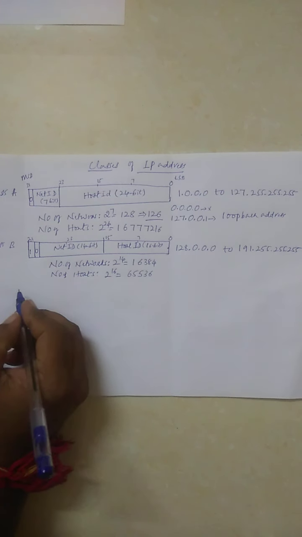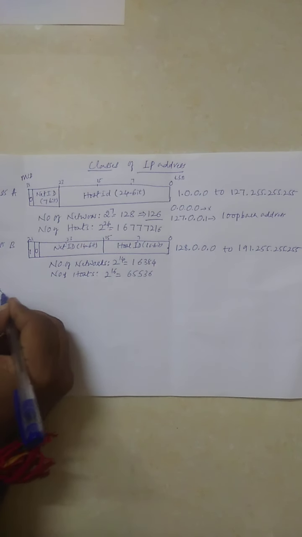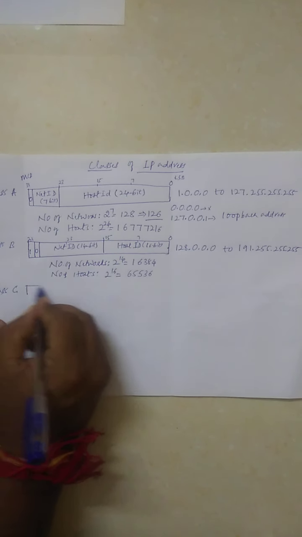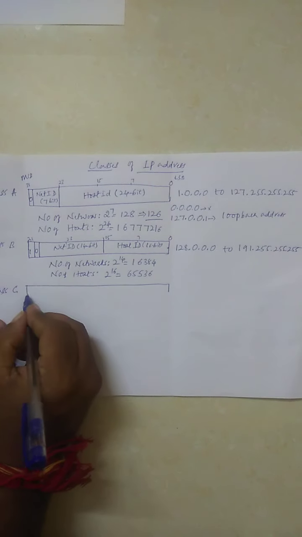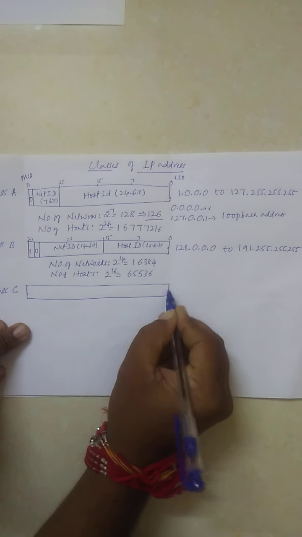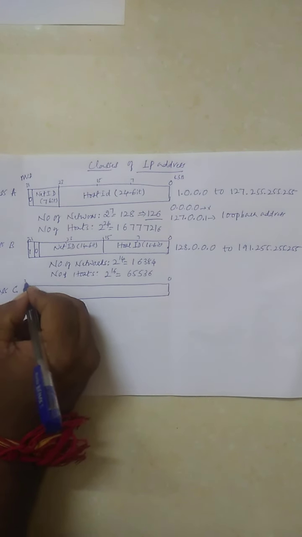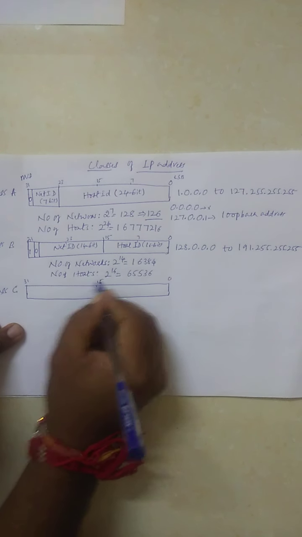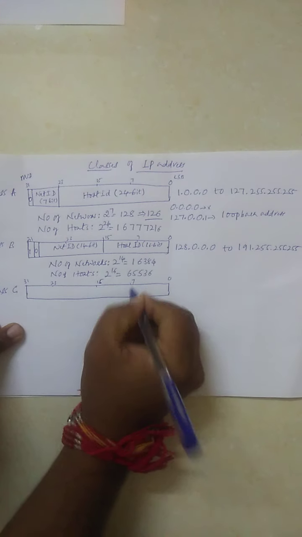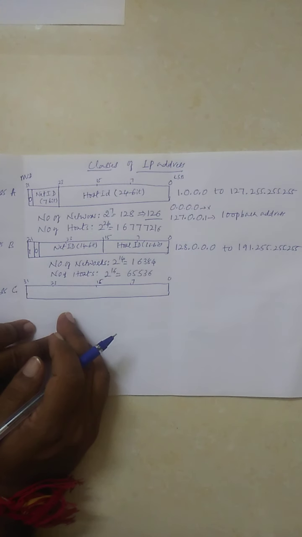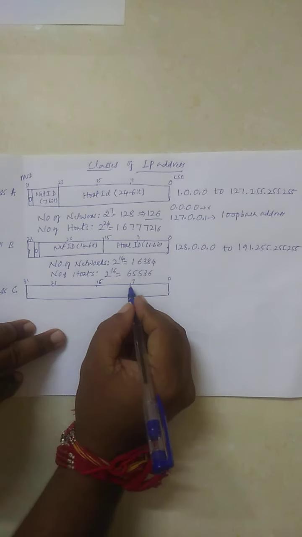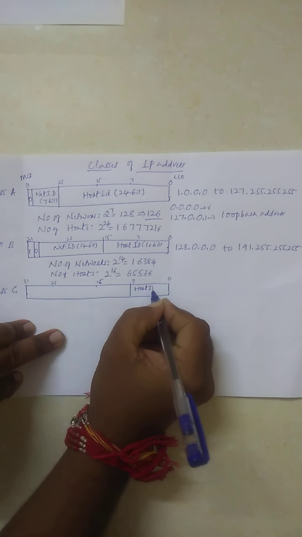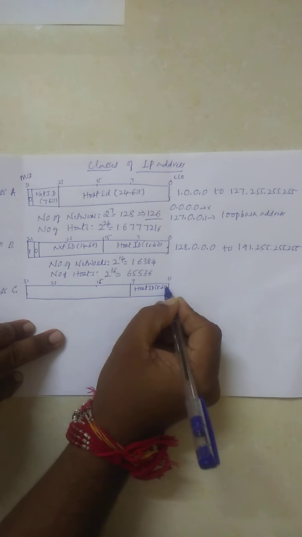Then we have Class C IP address. Class C IP address will have a different structure here. This Class C IP address has bits 7, 15, 23 and 31. Now in this Class C IP address we use 8 bits as host ID.